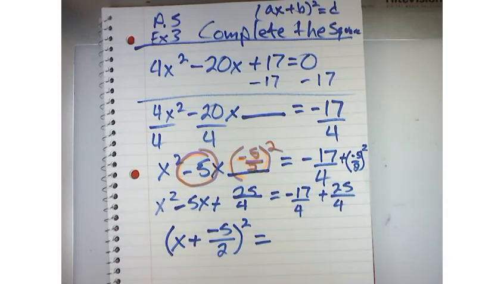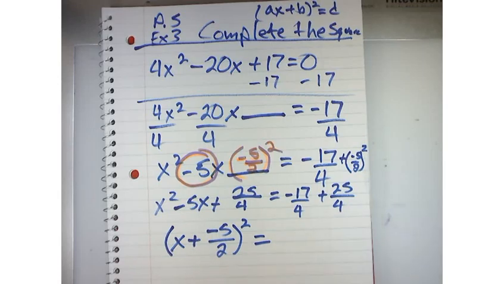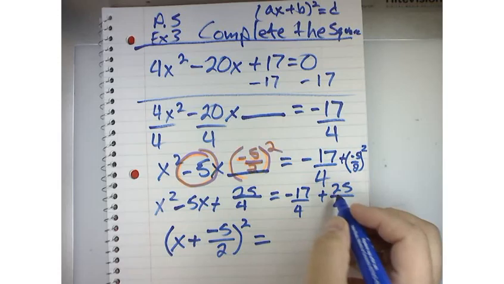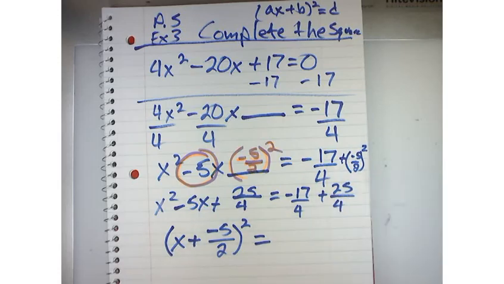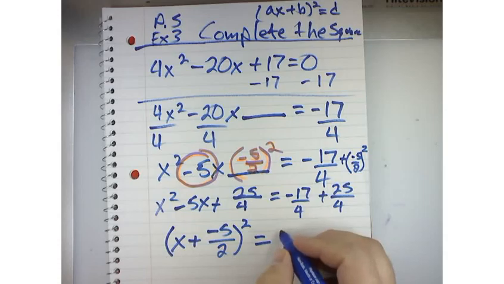Now what is 25 minus 17? Eight over 4, right? What's 8 over 4? 2. Does that make sense? So if you add that up, it's 8 over 4, and if you reduce it, it's 2.